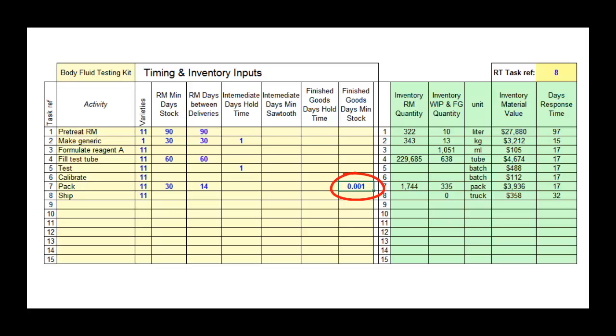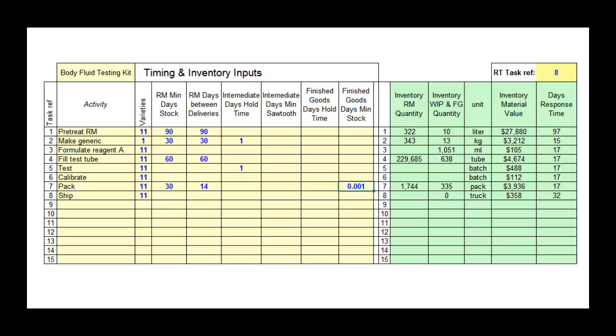When we do that, that forces the model to say there is a sawtooth type pattern to the way the stock behaves after that activity. And that effectively puts a stocking point in there, which means that the response time clock starts at that point and not sooner. So let's have a look at the truck.